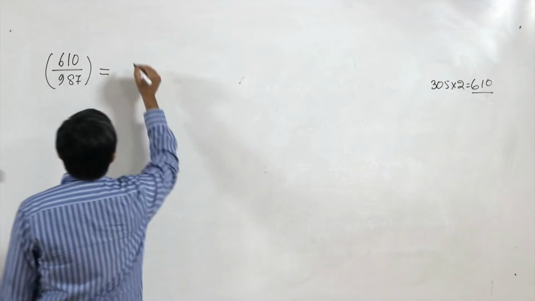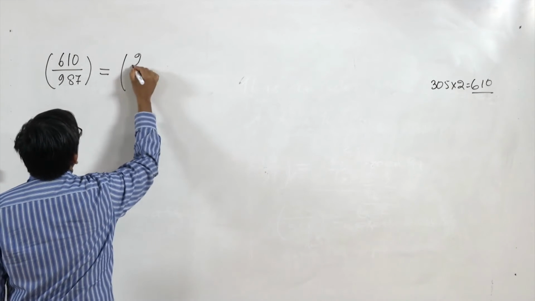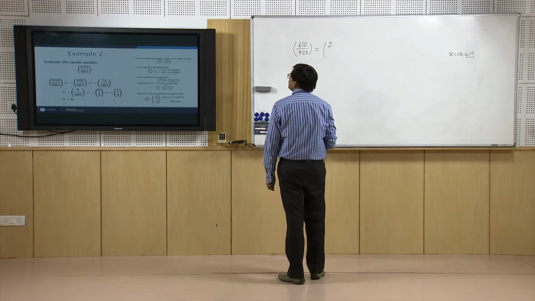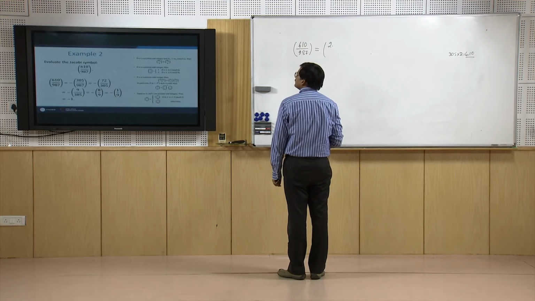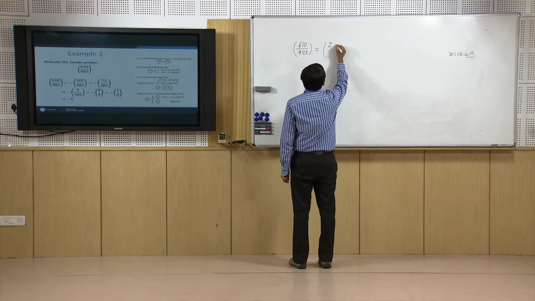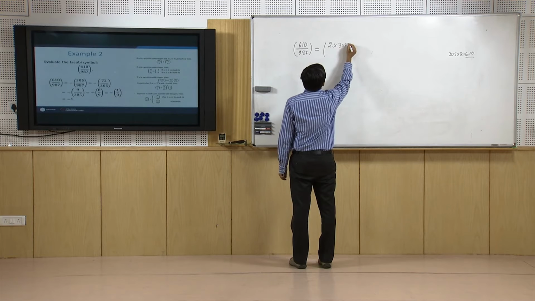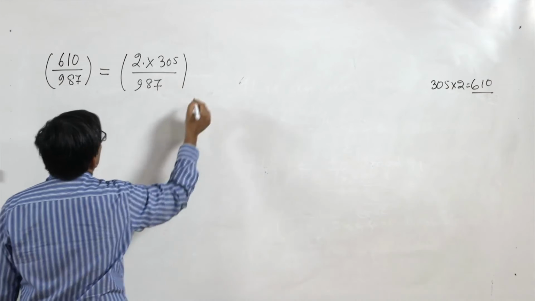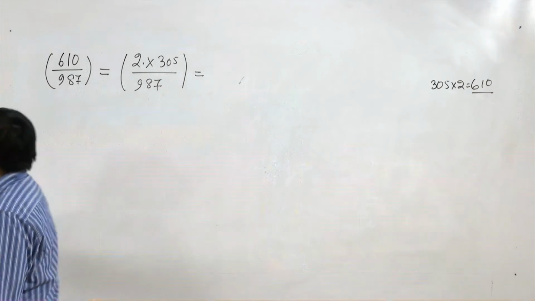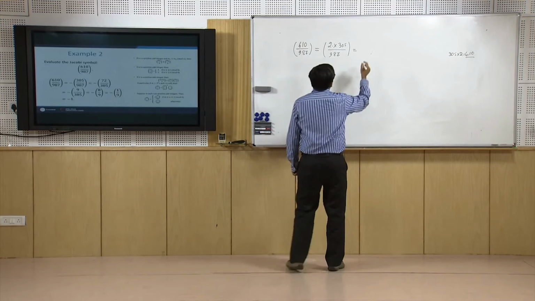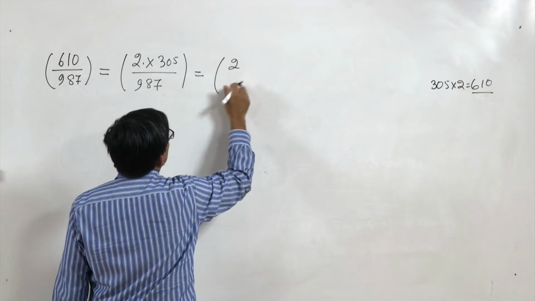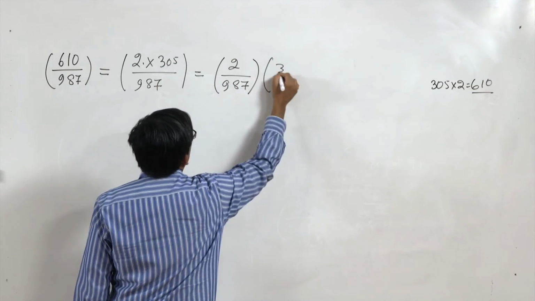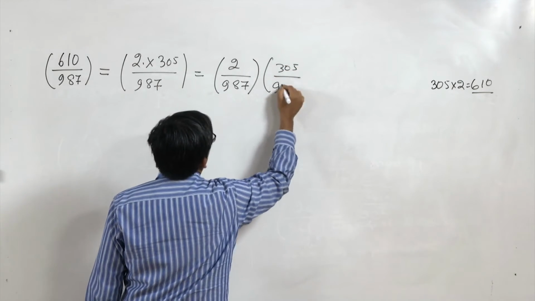Therefore, we note that it will split in this way: 2 into 305 in the numerator and 987 in the denominator. So, using the third law, we will have 2 by 987 and 305 by 987.